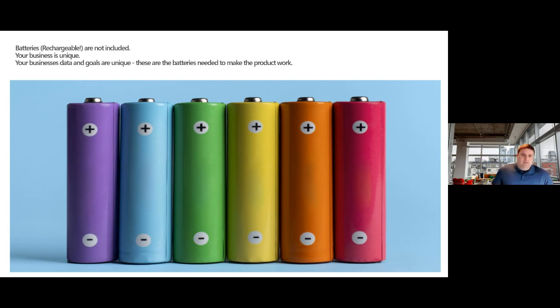And that's when you take the product, you take your business processes, you take your goals and your initiatives, and together that's what maximizes the value of the product. Without the batteries, it's a nice toy that looks nice, but does not provide much value. So you need both of these things to make it work.